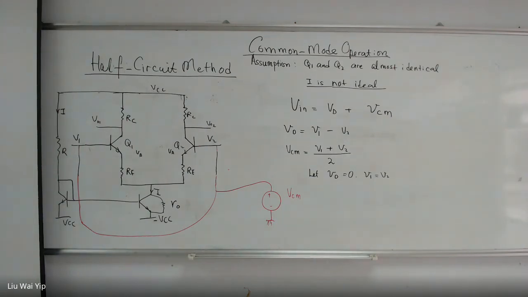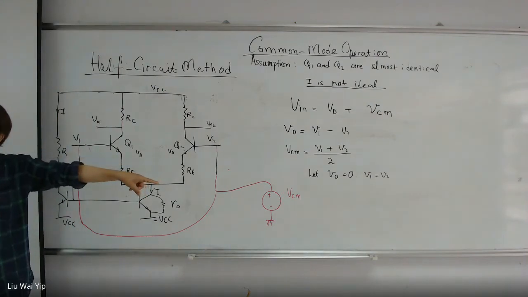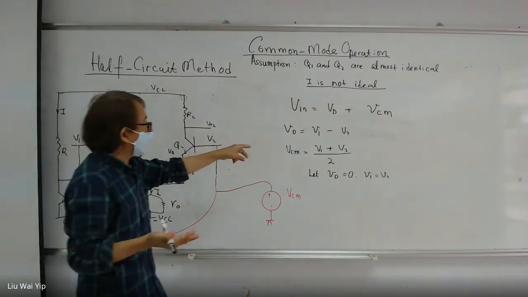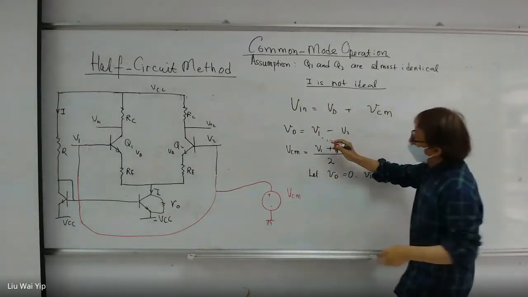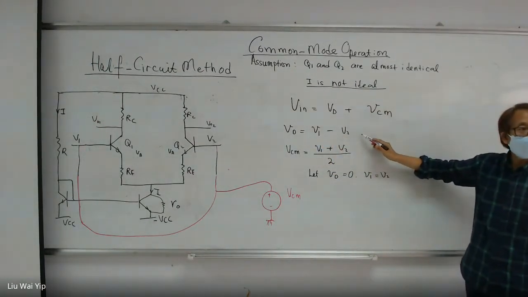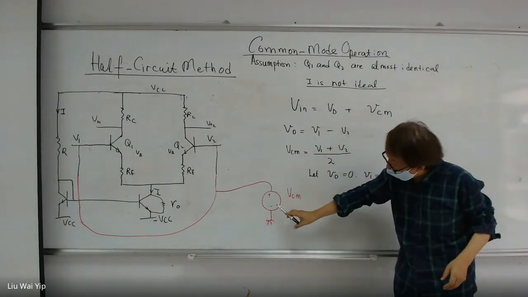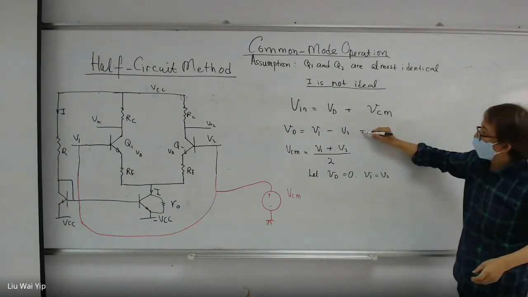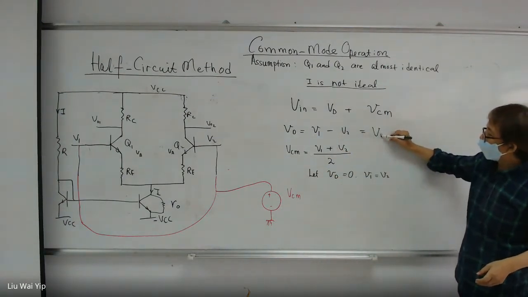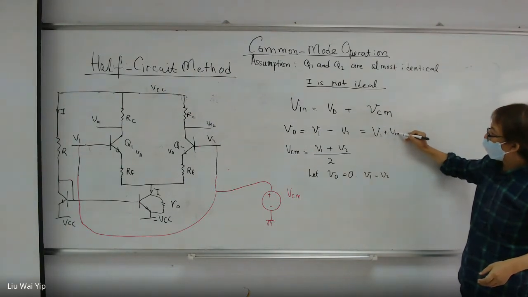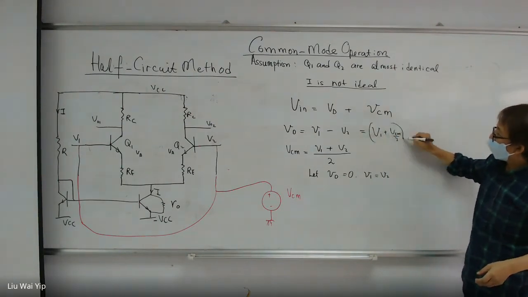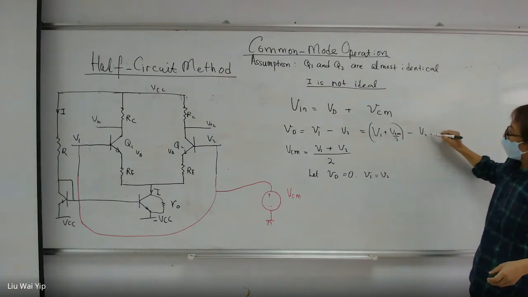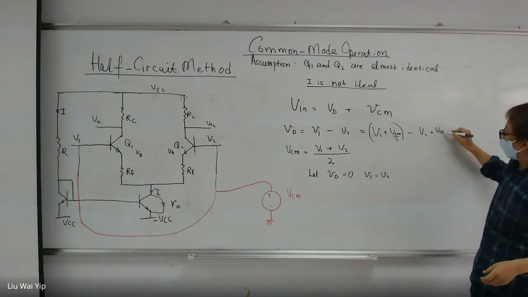But now, what happened? Normally, the differential amplifier has the power to cancel off the common mode. Because right now, the differential input is V1 minus V2. But even with noise here, we have V1 plus Vcm minus V2 plus Vcm.